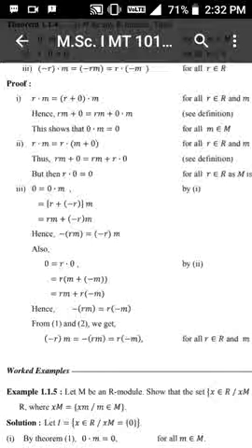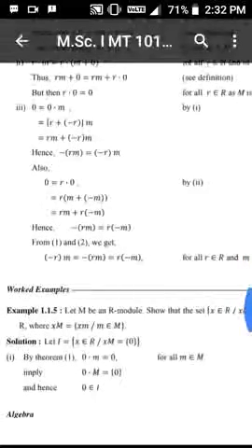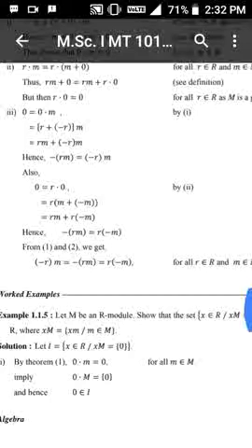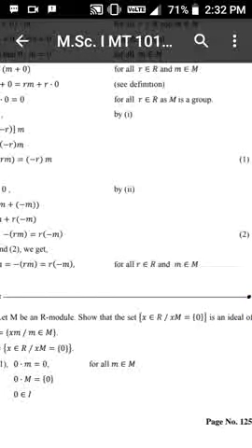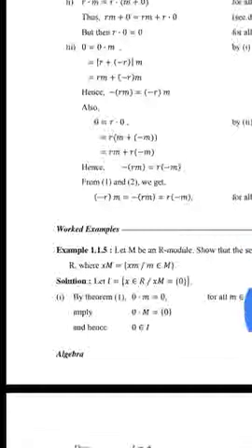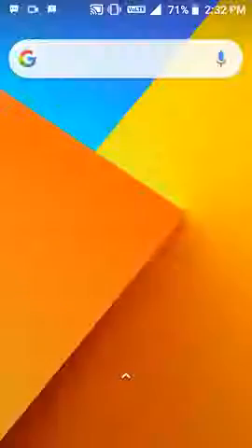Also, 0 = r0 = r(m + (-m)) = rm + r(-m). Hence, -(rm) = r(-m). From 1 and 2, (-r)m = -(rm) = r(-m) for all r belongs to R and m belongs to M. These are the properties of modules.